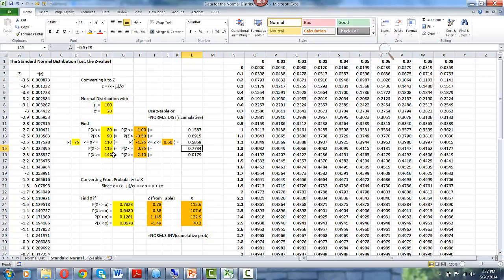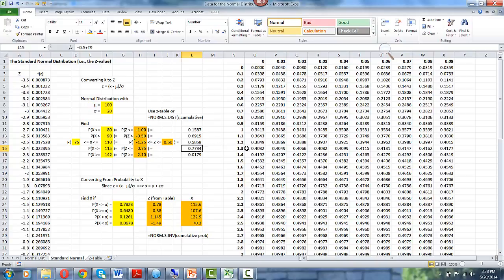Probability x is less than or equal to 115 standardizes to a 0.75. So again, draw your curve. You can see that 115 is above the mean. So 0.75 is above the mean as well, and so you want the area below that. This is probably the easiest one because it's a pure cumulative probability.